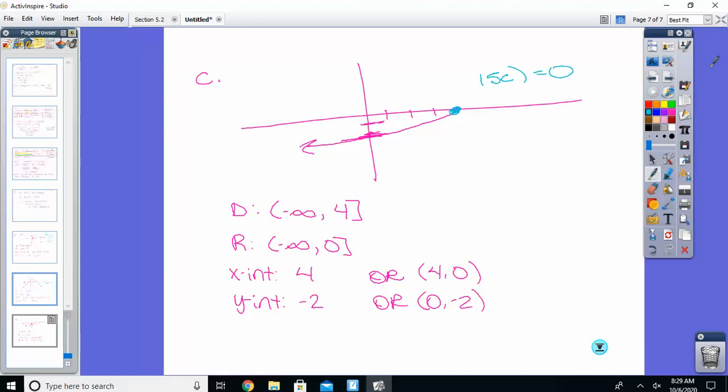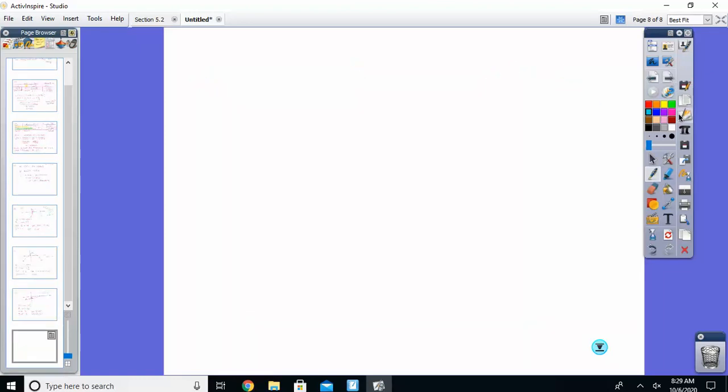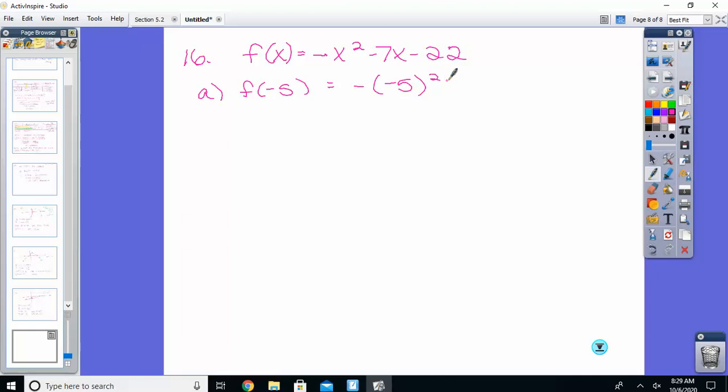Okay, 16 is also a function notation question, but this time I'm asking you to plug into an actual equation. So part A, f of -5. That means you go into your equation and you replace all of your x's with a -5. -5 squared is +25.